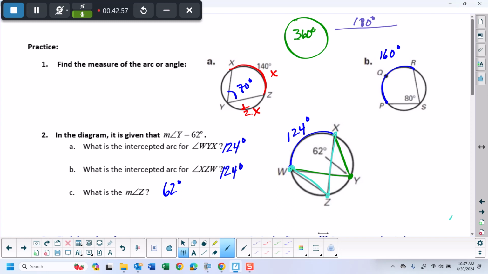Are you with me? Every single seat in that movie theater has the same angle. So that measure of angle Z is 62 degrees because they both have the same intercepted arc. Do you see this? W and X, W and X, W and X. Are we good?